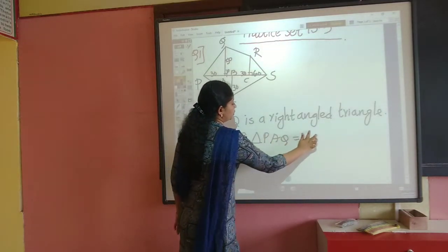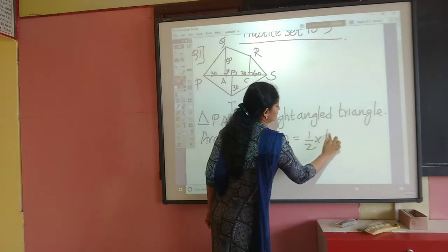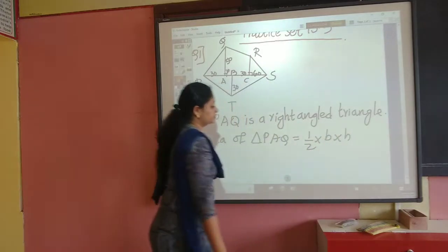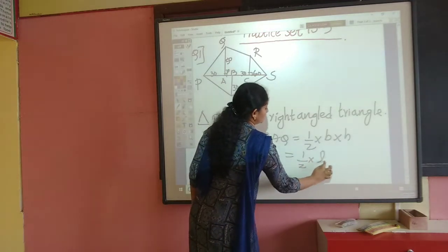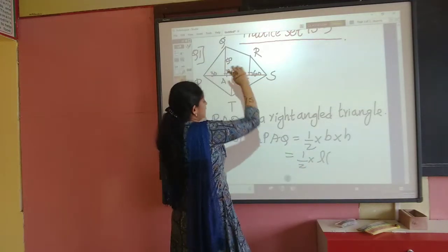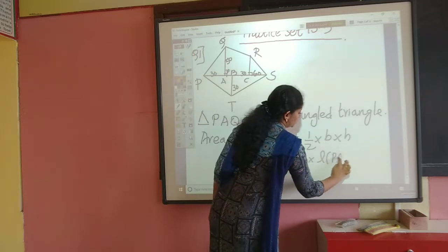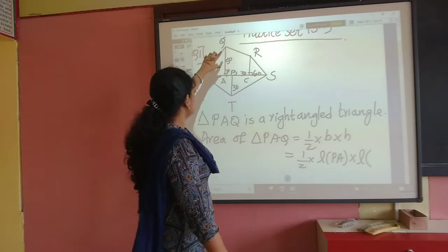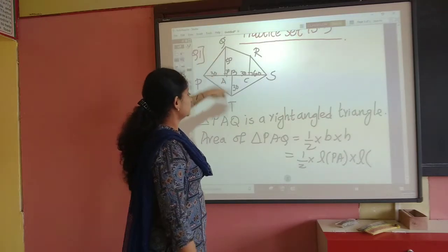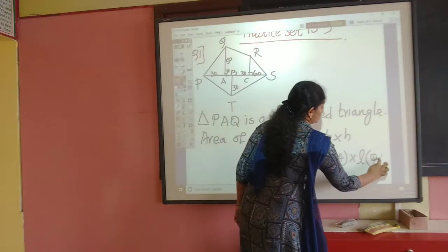What is the formula we are going to use? Half into base into height. Which is the base of that triangle? Name that first. Length PA into length, which is the other side of the triangle, the height of the triangle, QA.